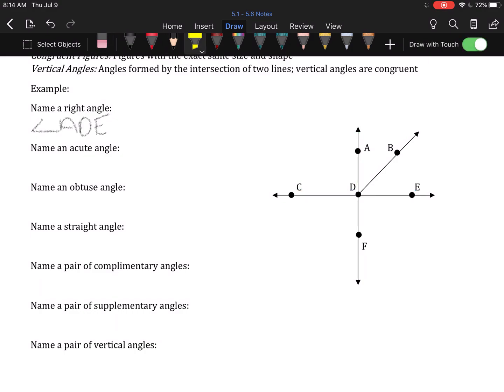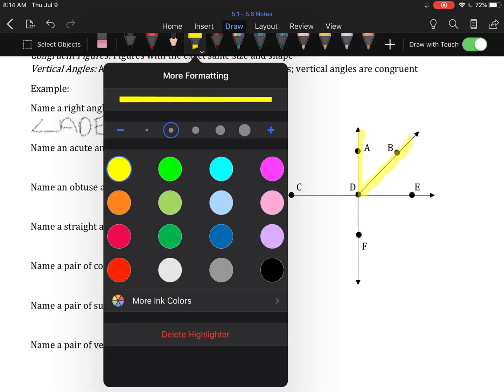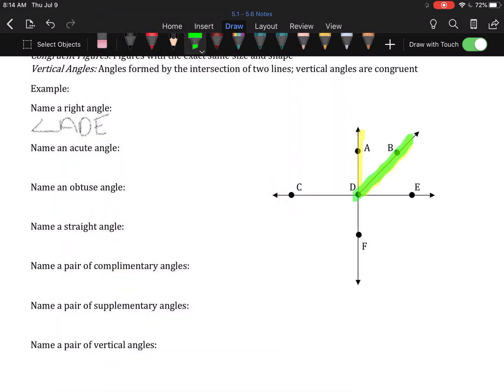Naming an acute angle. There are 2 acute angles in this diagram. That's one of them, and the other is right beside it. So those are angles ADB or BDE. Name an obtuse angle.